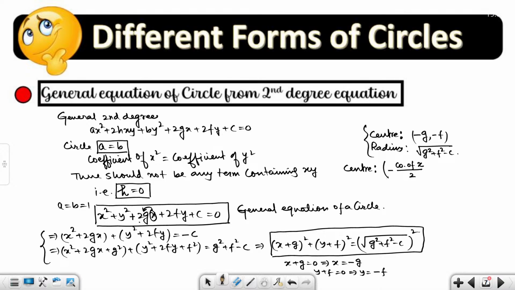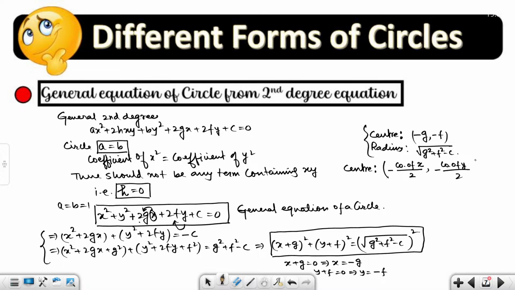Remember in this way, the abscissa of the center will be coefficient of x divided by 2, change the sign. Similarly, for the ordinate of the center, coefficient of y divided by 2, which gives us f, because coefficient of y is 2f, divided by 2 gives us f, and change the sign.